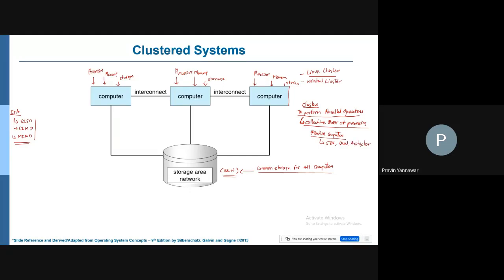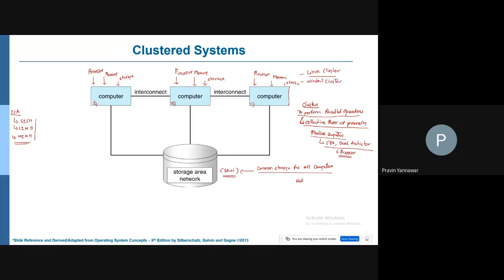So how many processors are you going to have? Each dual core means 2 cores of processor here, 2 cores here, 2 cores here. So collectively you have 6 processors in line. Just imagine how much power they are going to have.